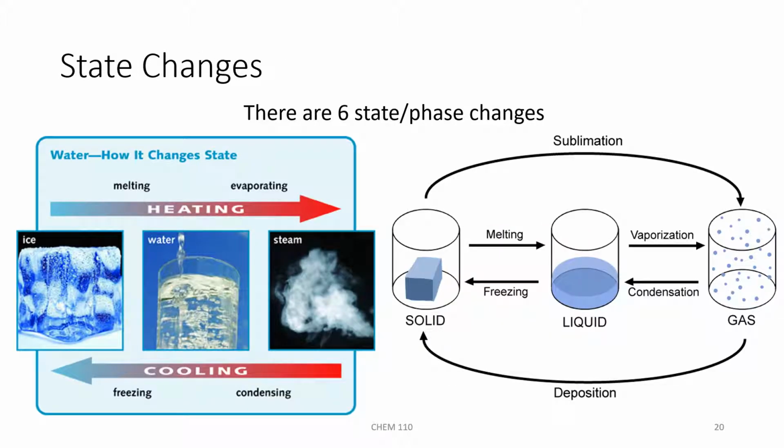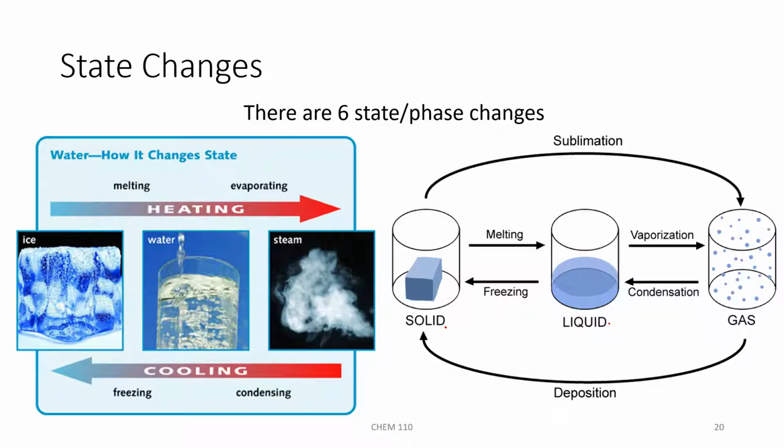Another type of physical change is known as a state change, also known as phase changes. There are 6 phase changes that you should become familiar with. In each case, we're not changing the identity of the substance, we're just changing what phase of matter it occurs in. When a solid gains energy and goes from a solid to a liquid, this is known as melting.